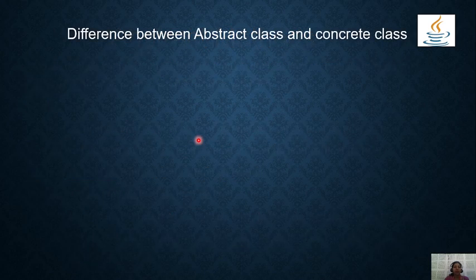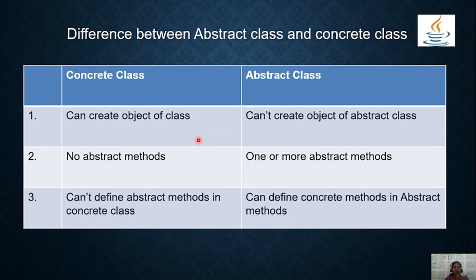Okay, good. What is the difference between the abstract class and the concrete class? A concrete class is our normal class. A concrete class can create an object of the class, but an abstract class cannot create an object. In a concrete class, we don't have any abstract method, but in an abstract class, we can have one or more abstract methods.